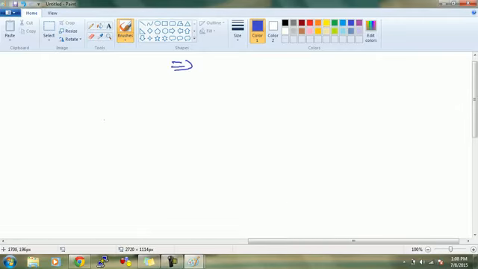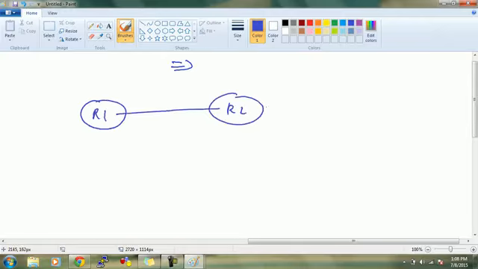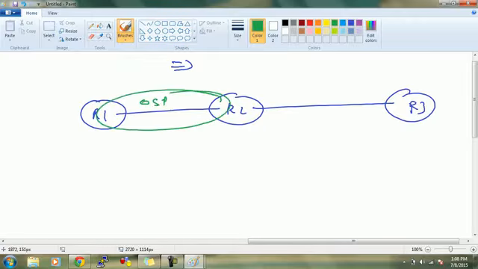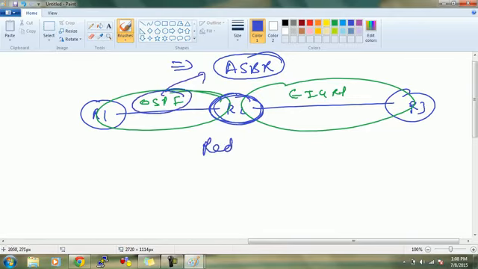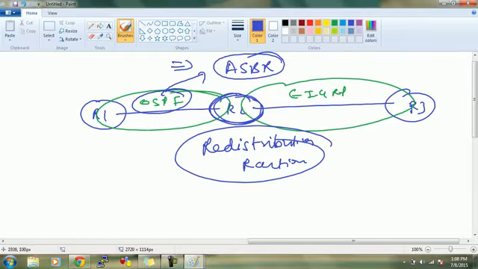Is it clear? Now R1, R2, R3. Here we have this router, which in OSPF is called ASBR. This is the special name given for which routers? Redistribution routers.